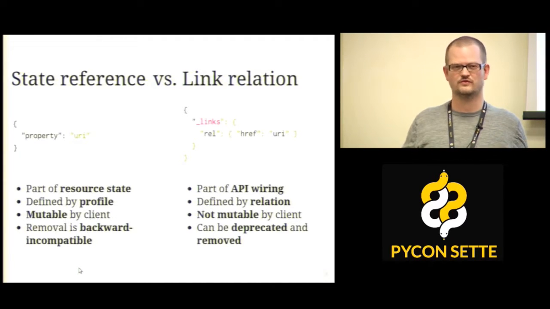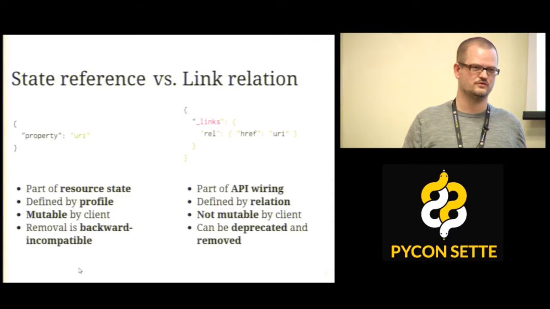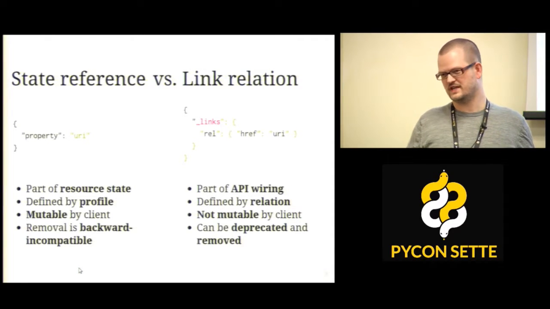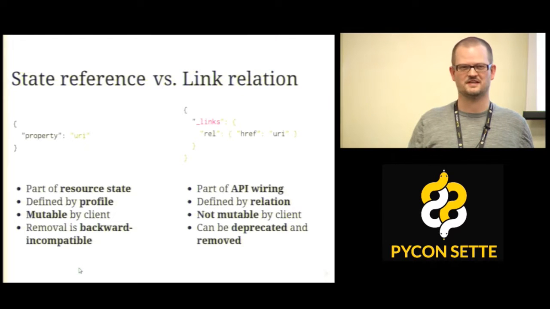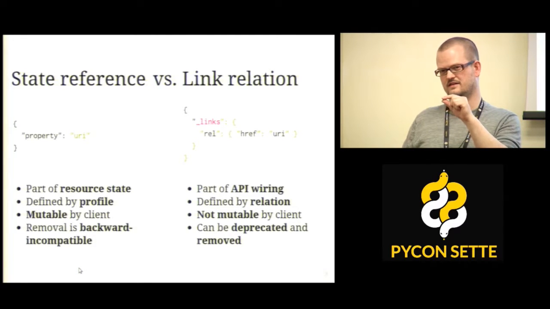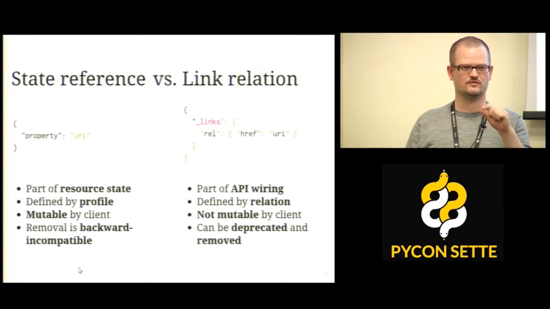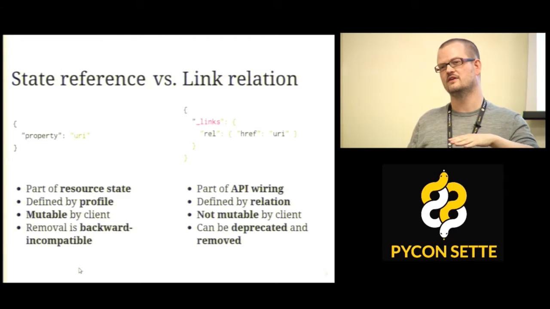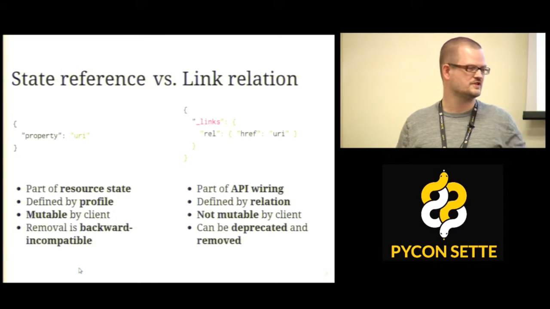You are free to remove them as a server. It's usually not appreciated by clients, but sometimes semantics change. I have an example of that. And this is the way you can evolve your API without doing whole API versioning.